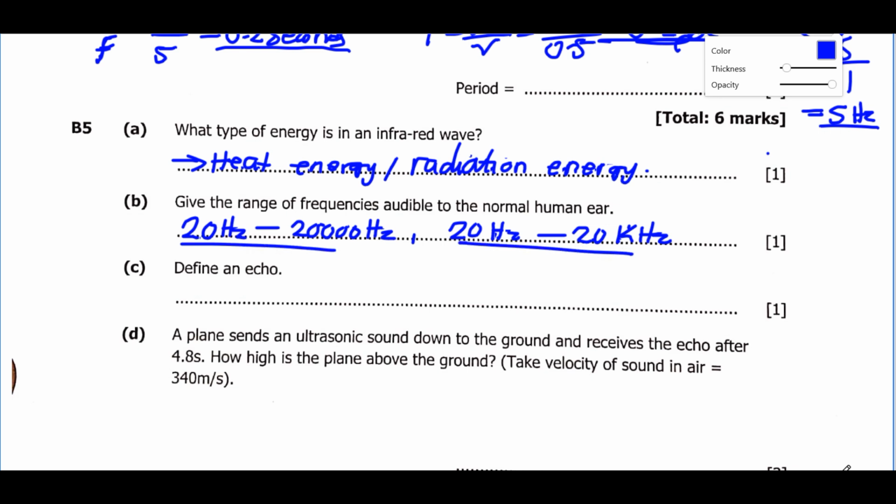Instead of writing 20,000 with zeros, you can just say 20k, because we know that k simply means kilo. Kilo is equal to 1,000. Define an echo.